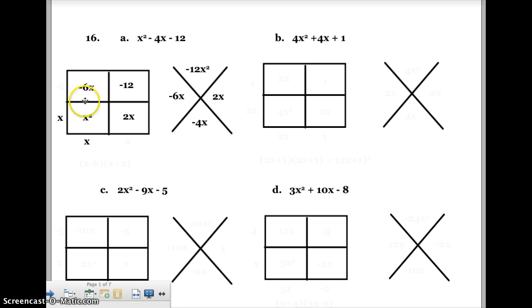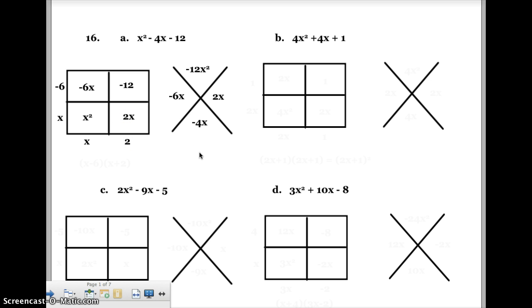This dimension up here also has to be x. So if this dimension is x and the area is negative 6x, this length has to be negative 6. If this dimension here is x and it's a rectangle, that means this dimension also has to be x. My area of this rectangle is 2x, so this side length has to be 2.